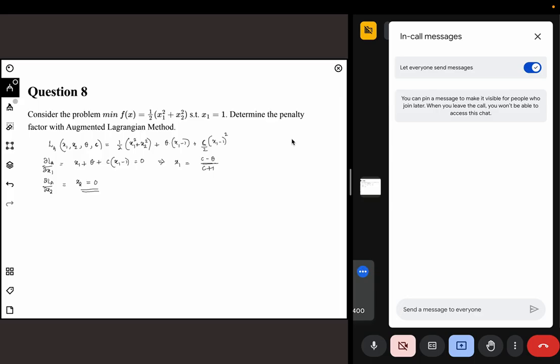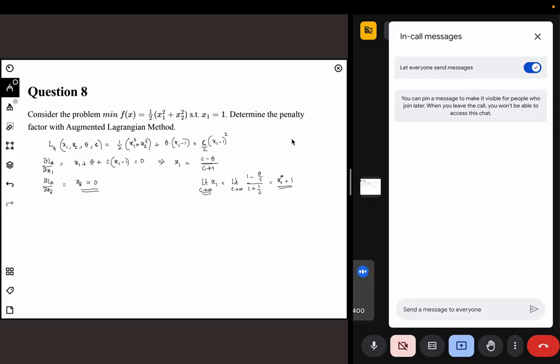Or you can also, if you just go with the previous thing, we know that as c tends to infinity, as the penalty becomes infinity, it should recover the original problem. So if I put c tends to infinite, x1 is 1 minus theta by c over 1 plus 1 by c, and this will again give me x1 star equal to 1, which is the same solution that we got in L2, but we do not actually go till c equals infinity.